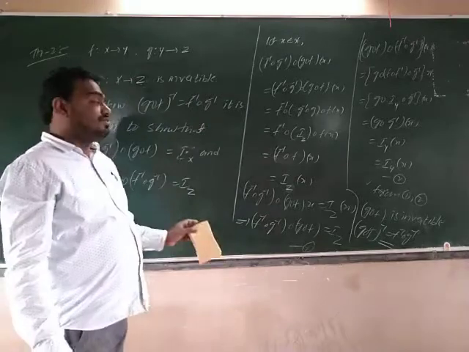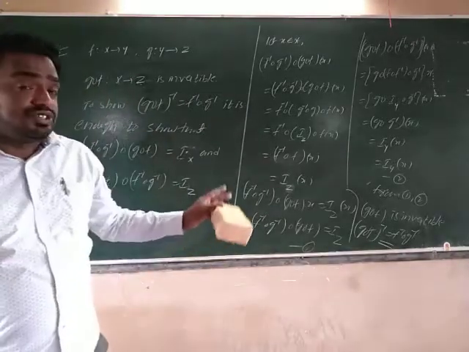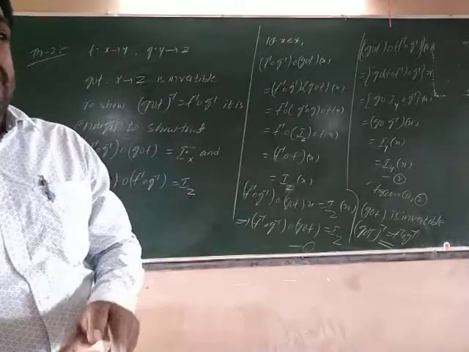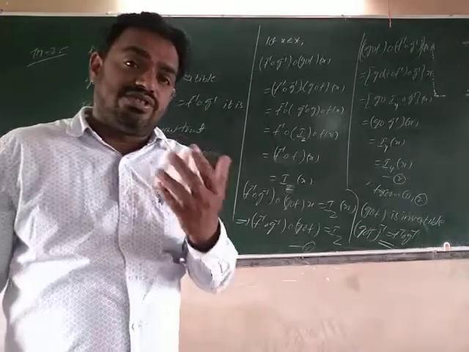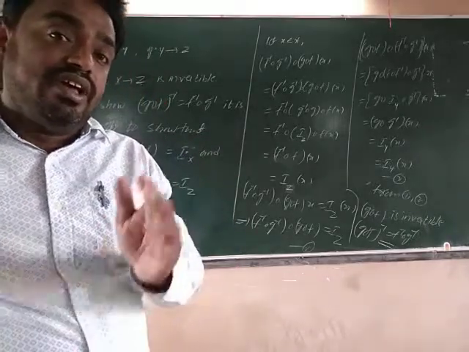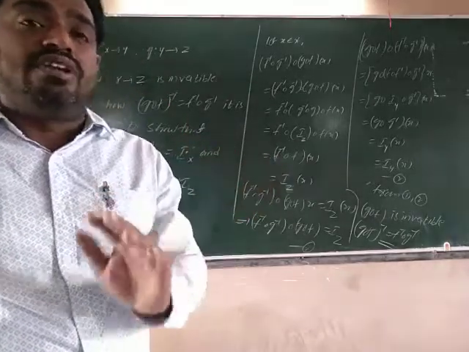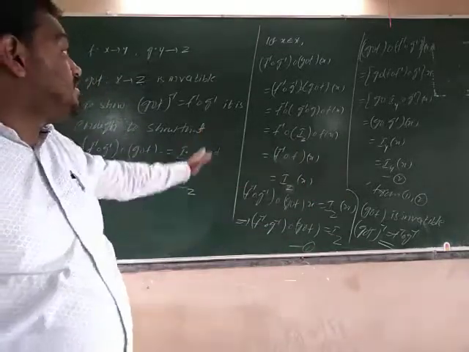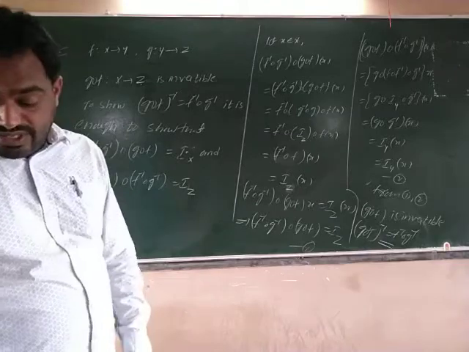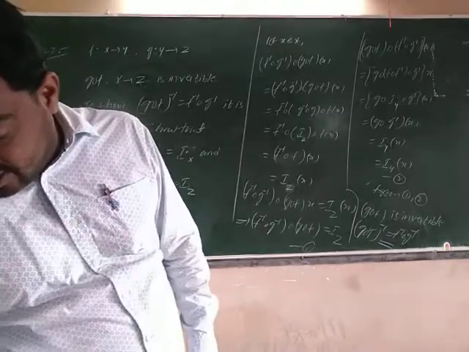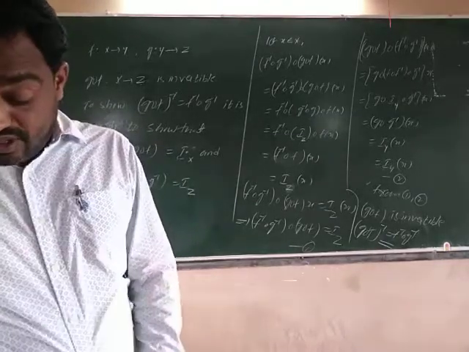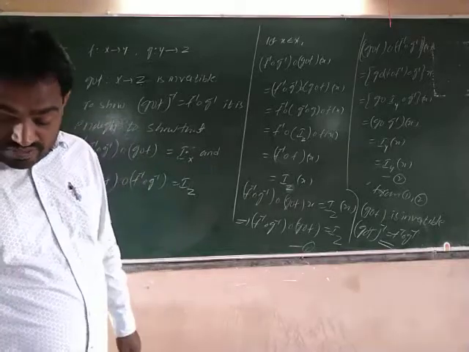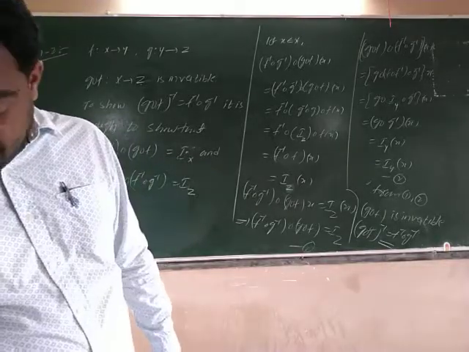For your practice, this one is easy; we are just changing the brackets. F inverse circle F is equal to the identity function only. F inverse circle F is also the identity function. You remember that one? From that we can easily do this. So this is before exercise 1.3. Next video we will see exercise 1.3.